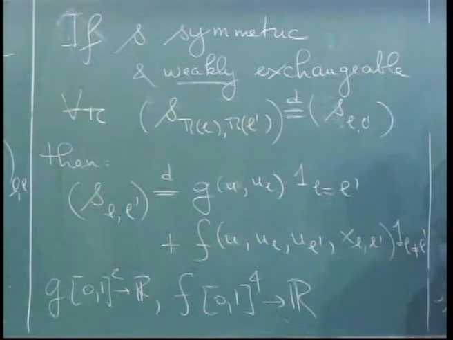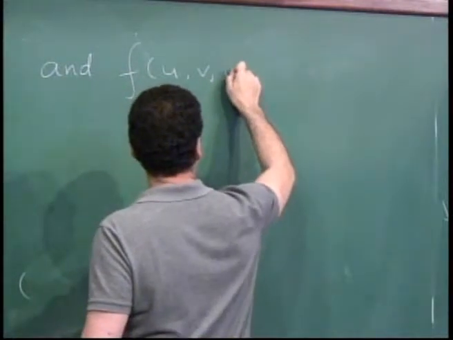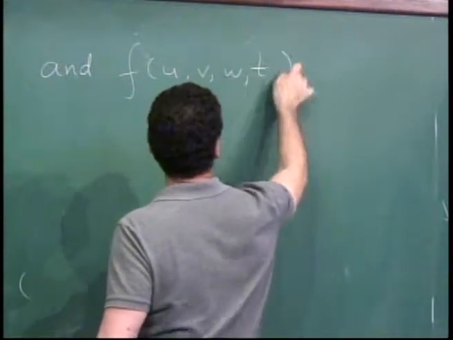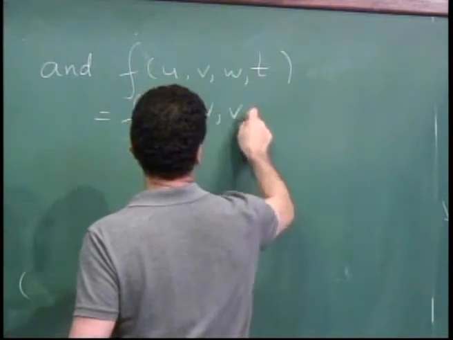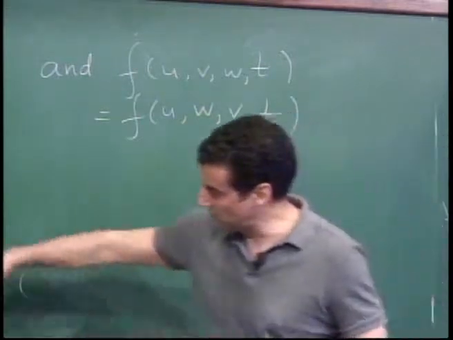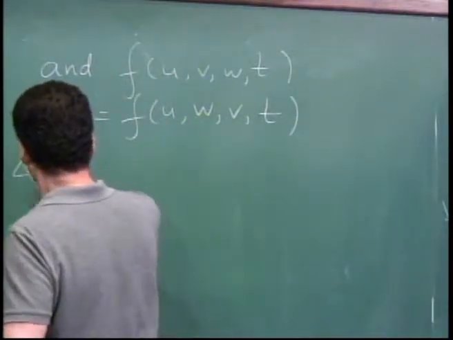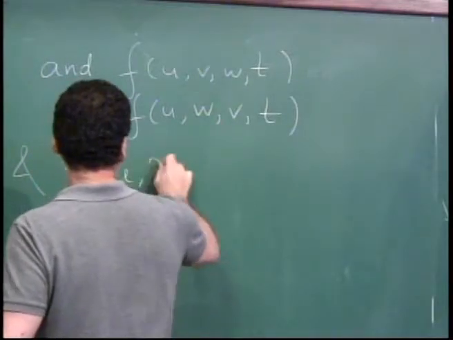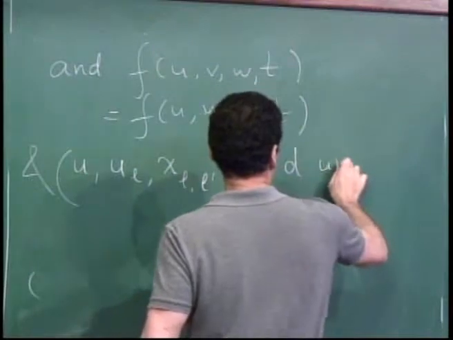So F of U, V, W, T is the same as F of U, W, V, T. Right? F is symmetric in those two arguments. Right? And of course, U, U_L, X_LL' are IID uniform.